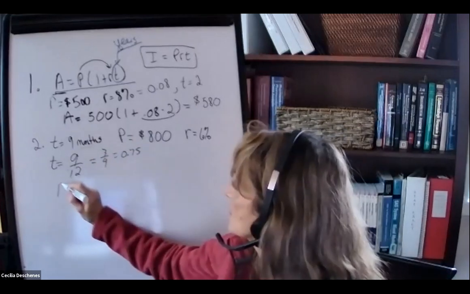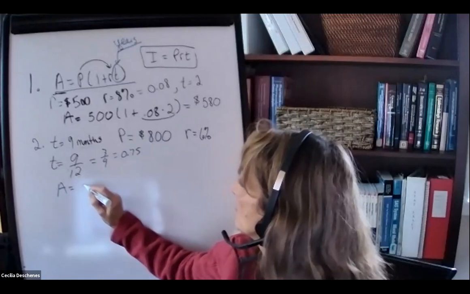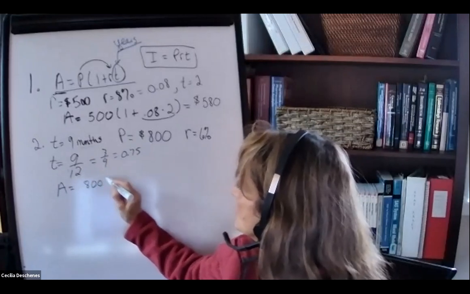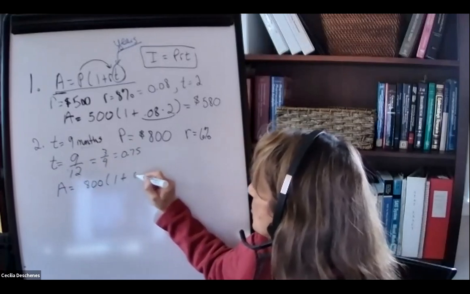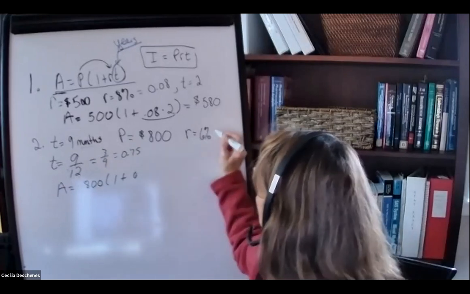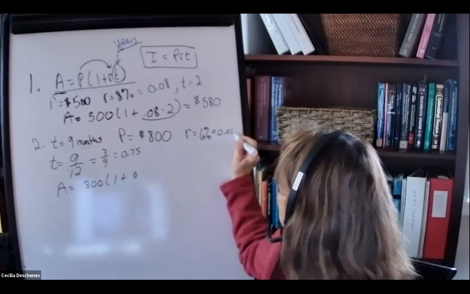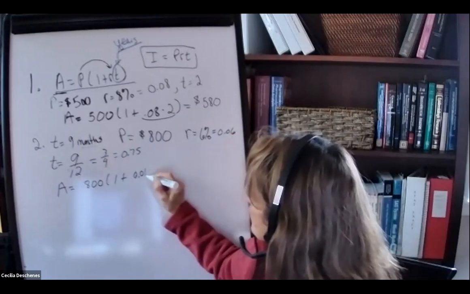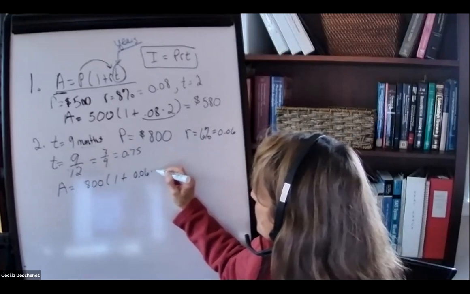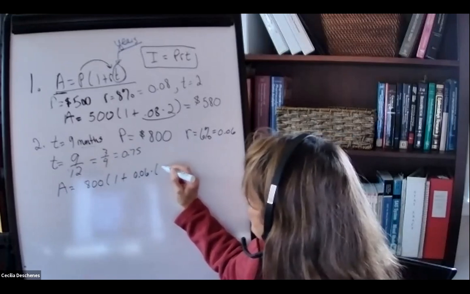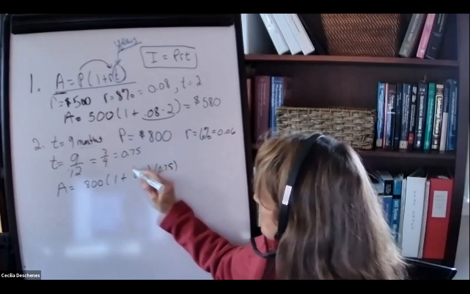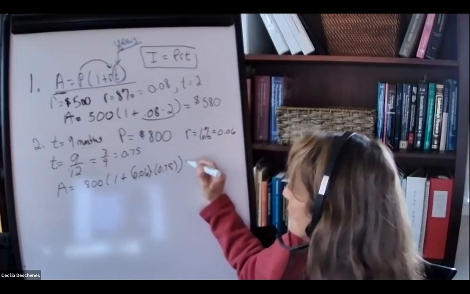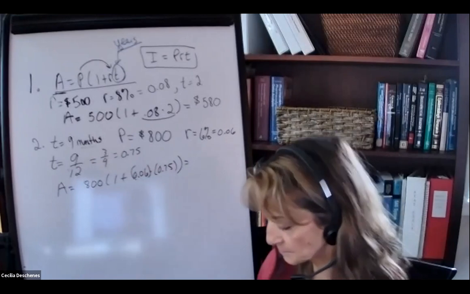All right, so let's get that amount, and we're going to go with 800 times 1 plus the rate, which is 0.06, and we're going to multiply it by 0.75. I'm just putting extra parentheses for emphasis here.